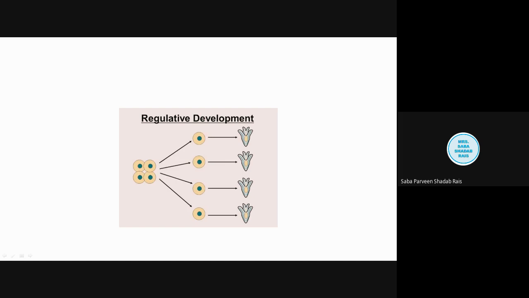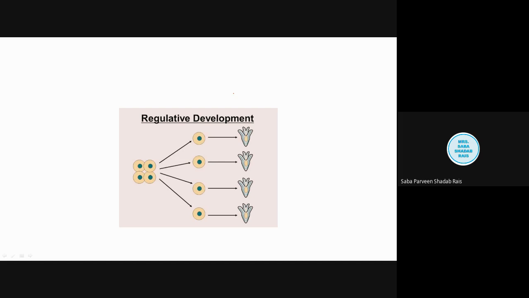As you can see on my screen, if the blastomeres of such eggs are removed before the third cleavage, each and every blastomere will develop into a complete embryo. In humans, when we talk about identical twins, they develop from such an attribute of the egg, the regulative development.